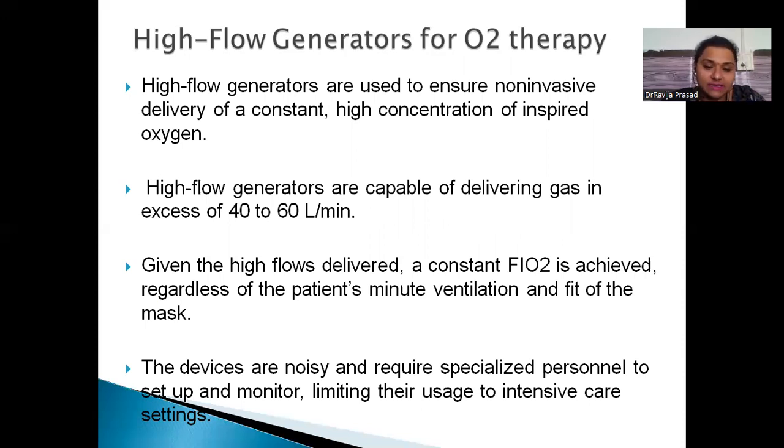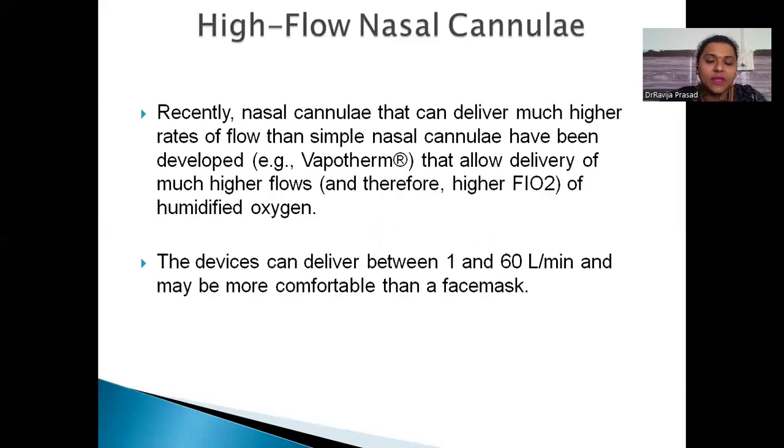Ventilations are fit to the mask. The devices are noisy and require specialized persons to set up and monitor, limiting their usage to intensive care settings. High flow nasal cannula.